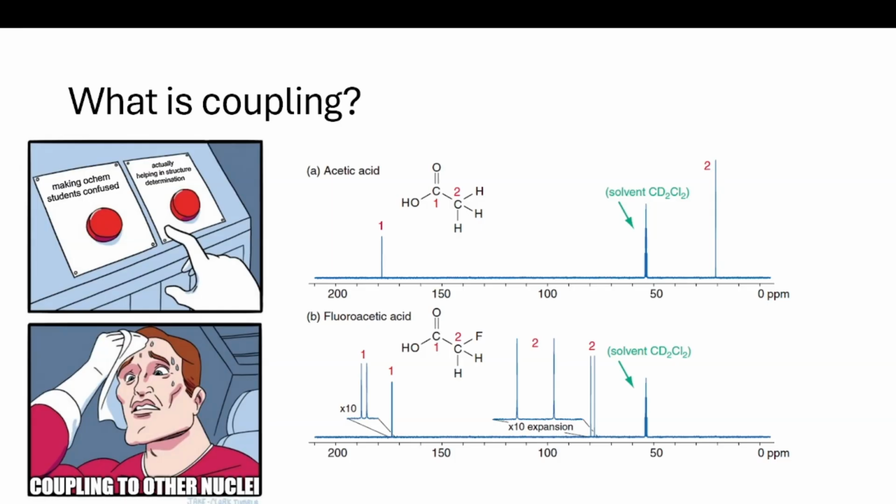If we have two carbon atoms, the chance that we're going to have two carbon-13 nuclei is 0.011 squared, which is really, really small. And in addition, identical nuclei don't couple.